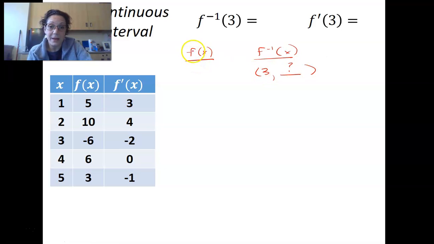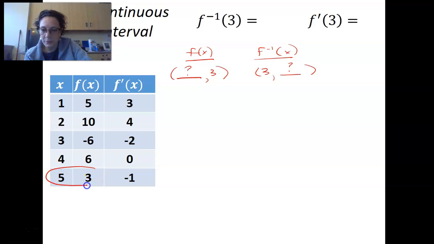Okay, well, that means that on the function, there must be a point something comma 3. Because I know this is true about inverses. If this one has a point 3, let's call it A, then this one has a point A, 3. So if this one has the point 3, question mark, then this one is question mark, 3. Look what I have. All I have to do is go to my table. There's that point.